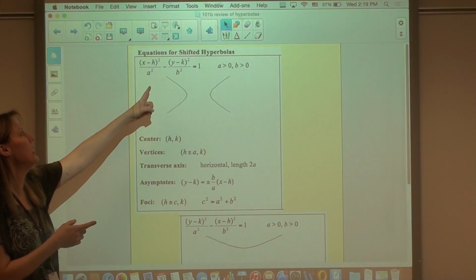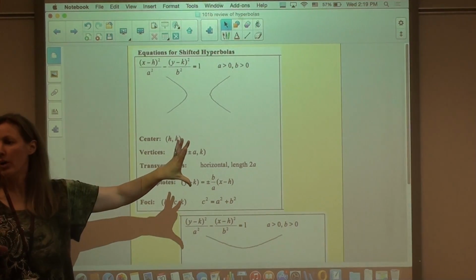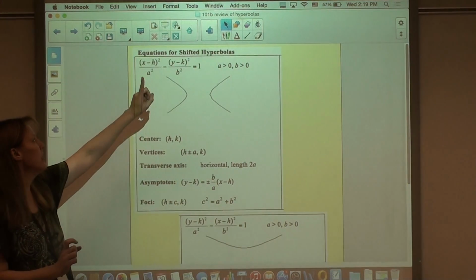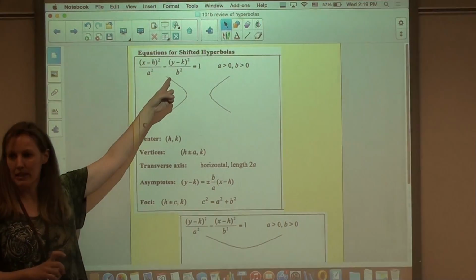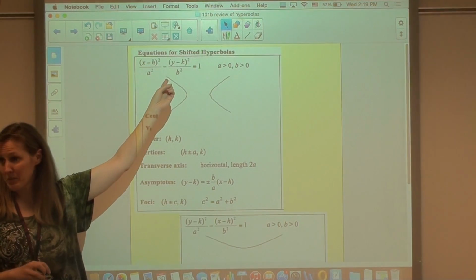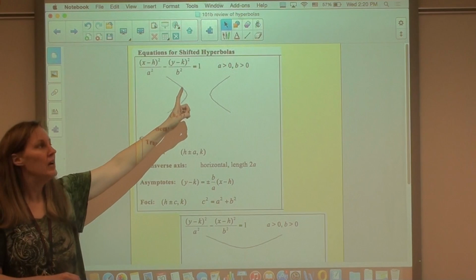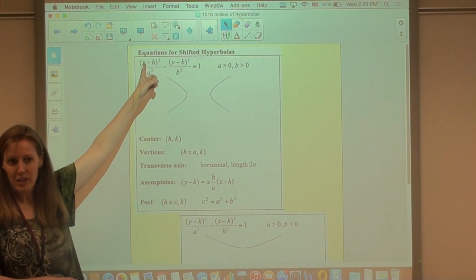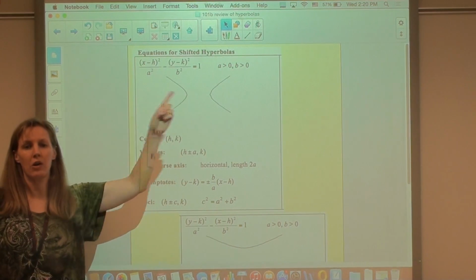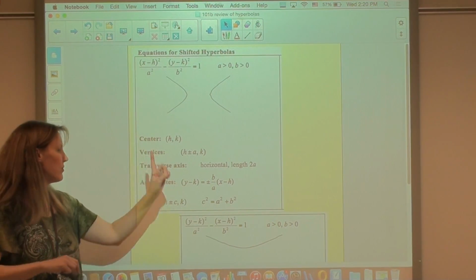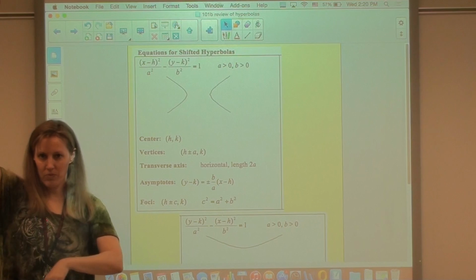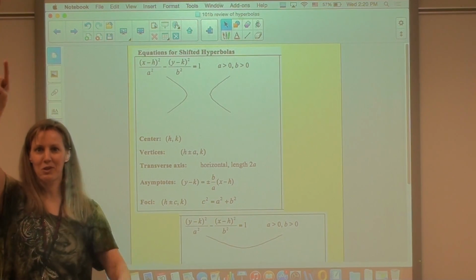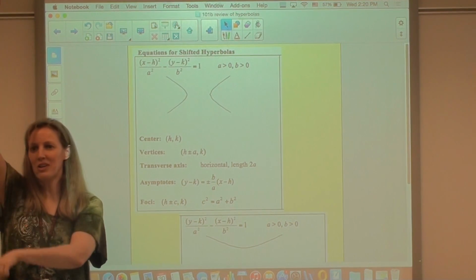We've got hyperbola. The only thing I want you to know about the equation of a hyperbola is, number one, there's a minus in the middle, right? Ellipse, there's a plus in the middle. Hyperbola, there's a minus. The letter that comes first tells you which way it's oriented. So if the x comes first, it's a horizontal hyperbola. If the y comes first, it's a vertical hyperbola.